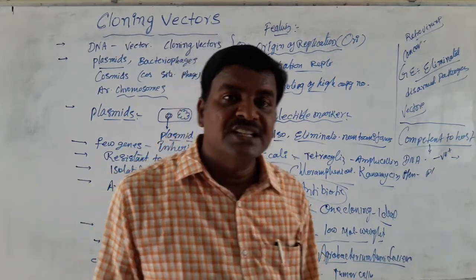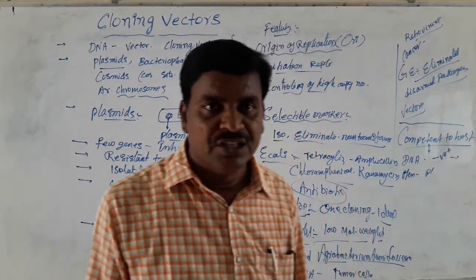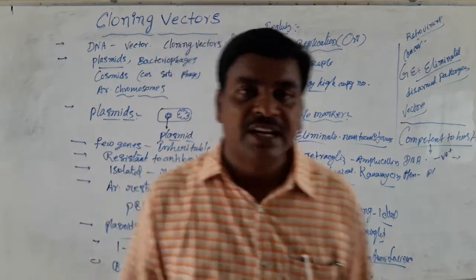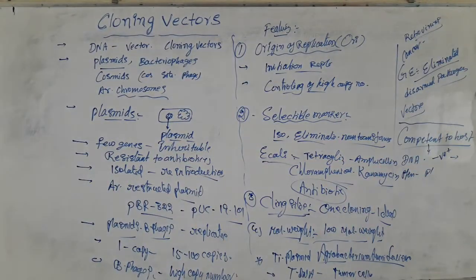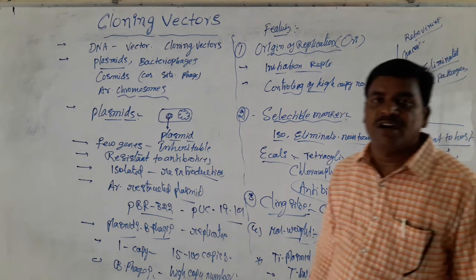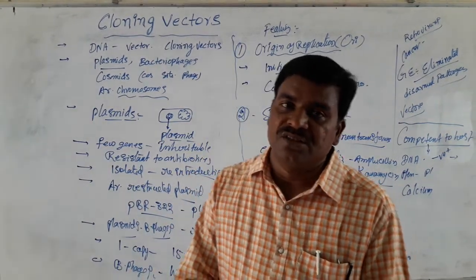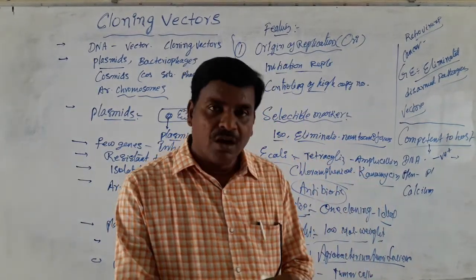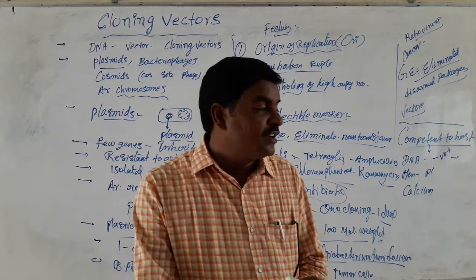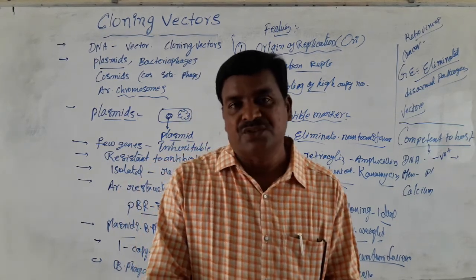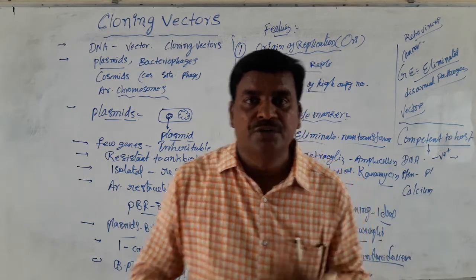In order to insert the recombinant DNA into the host, the host must first be treated with a divalent cation, that is calcium. This calcium treatment renders the cell wall and plasma membrane of the bacterium porous. A number of pores are formed, and the bacterial cells take up the recombinant DNA through these pores. That is called competent host.